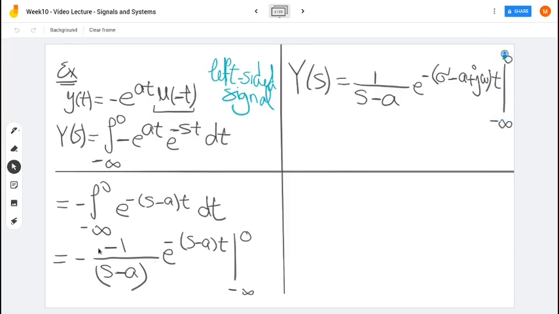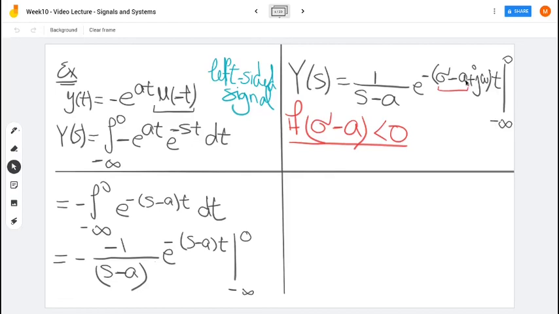So again, we need to put a condition on sigma minus a. If sigma minus a is less than 0, if it's a negative value, then we will be having a term of the form e to the minus sigma minus a times t, which is e to the power of a positive value times t. So when t goes to minus infinity, this term will give us 0.